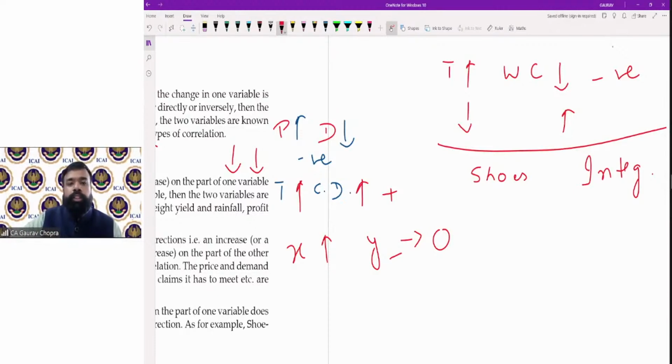What kind of relationship will be there? साइज ऑफ शूज एंड इंटेलिजेंस, if shoes का साइज इंक्रीज हो गया तो क्या इंटेलिजेंस भी ज्यादा होगी? किसी के पैर बड़े हैं तो क्या दिमाग भी ज्यादा होगा, या किसी के पैर छोटे हैं तो दिमाग बड़ा मिलेगा? ऐसा कुछ भगवान डिस्क्रिमिनेशन करेंगे? No, there is no correlation. So in such a case, we can say that there is no correlation. Correlation will be zero.